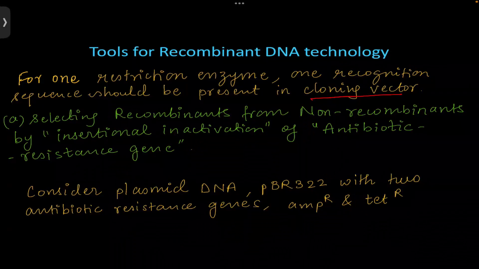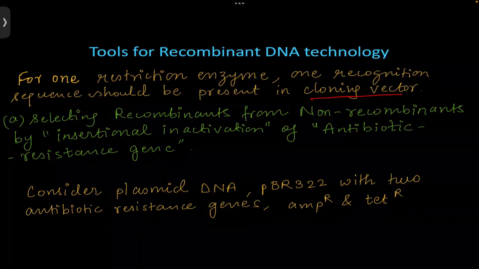In the simplest case, if there is one cloning site corresponding to one restriction enzyme, then it will open up the circular plasmid into a linear one, or if it is a linear DNA, it will divide it into two parts.